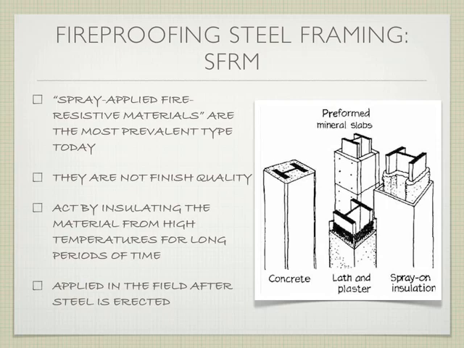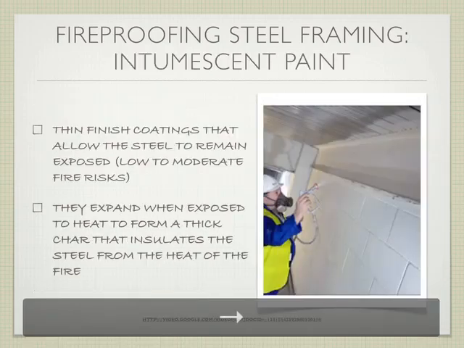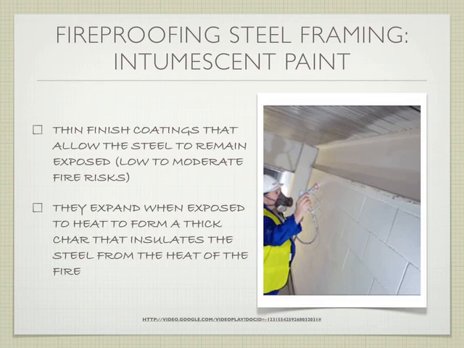You have a gun and you just spray it on. If you overspray in some sections, it's not the end of the world, because it's not a finished quality thing. You're just trying to make sure it's completely covered. So here we're starting to apply it, and obviously there's not too much of it on yet.